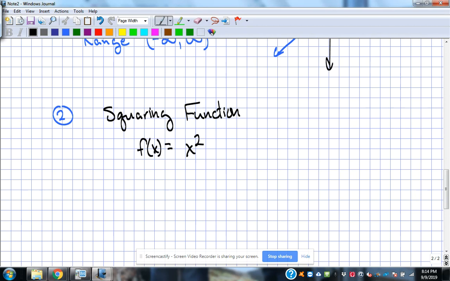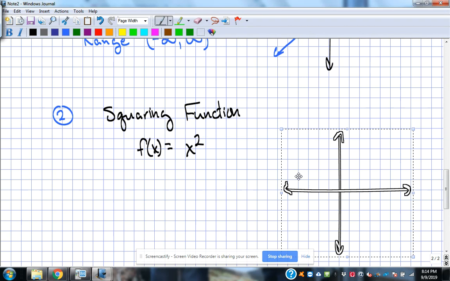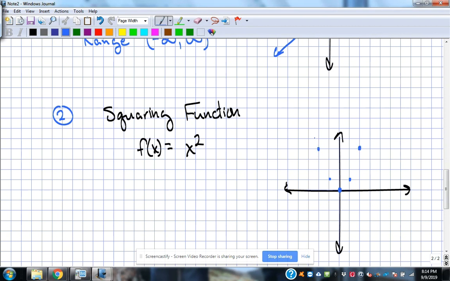Okay. The graph of that starts at the origin. And it's this U-shaped. It's called a parabola. You may have seen that graph before. I hope you have. The squaring function. Now, looking at that graph, what's the domain of it?